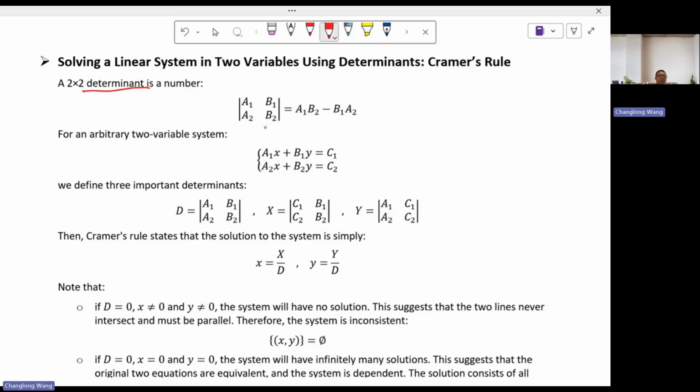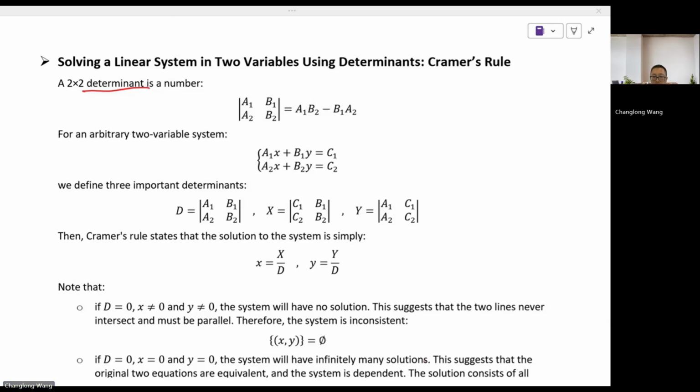Here we have almost like a 2-by-2 matrix, but you see the difference between a determinant, even with 2 rows and 2 columns, and a 2-by-2 matrix. We use vertical lines instead of square brackets.